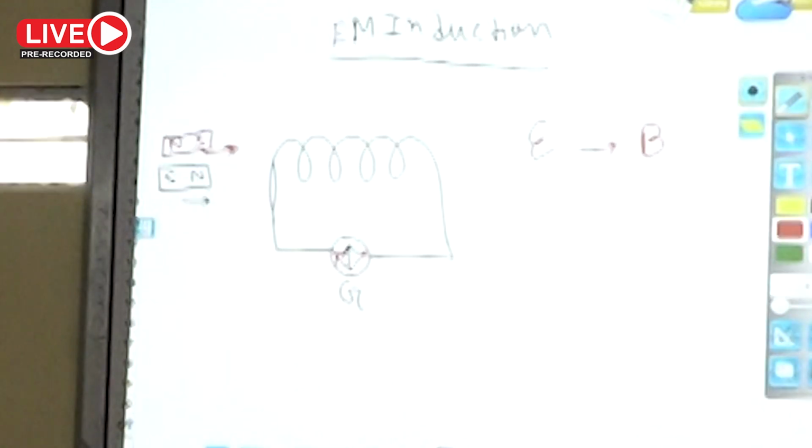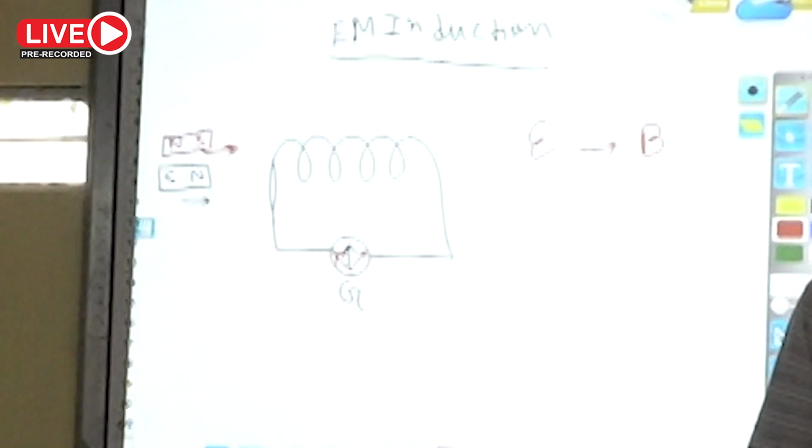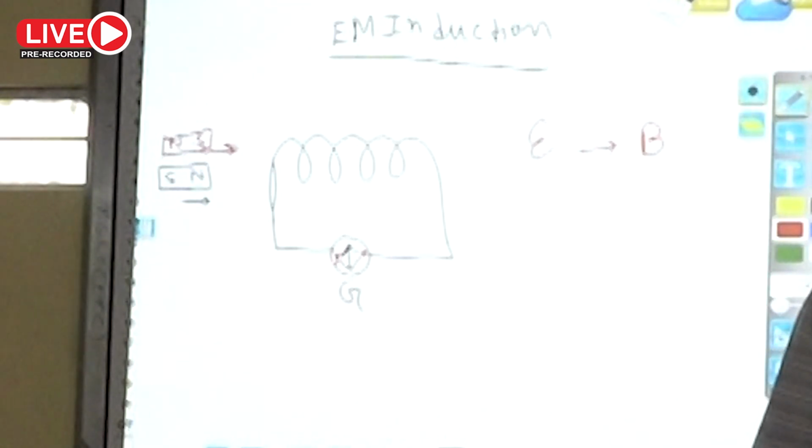Next, instead of moving the bar magnet, if I move the coil towards the bar magnet or away from the bar magnet, the same situation occurs. Because relative motion is important. Who is moving towards whom is not important. The bar magnet can move towards the coil, or the coil can move towards the bar magnet, no change. But relative motion must be there.